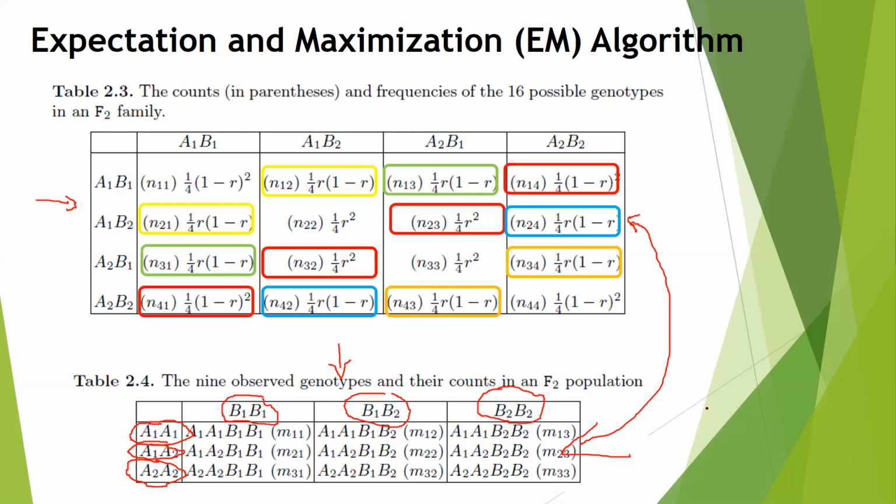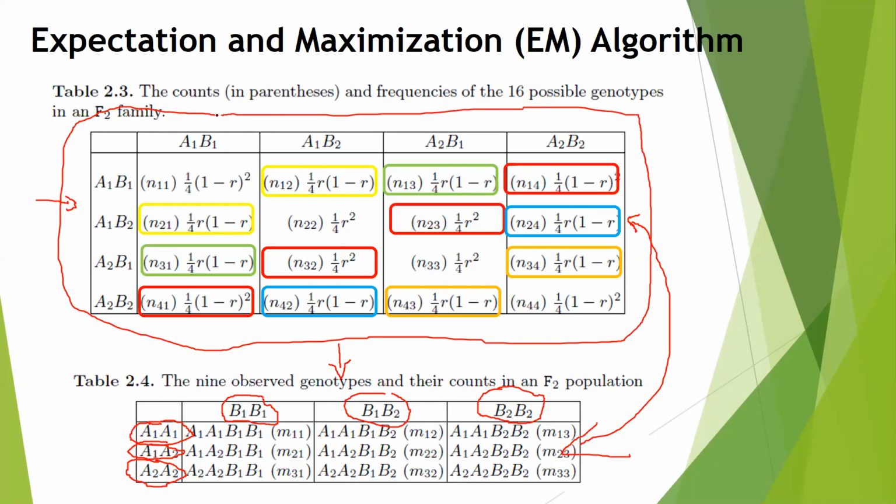This is actually the same data. We're talking about the same data from an F2 design. If you do an F2 design experiment, you're going to generate a lot of progeny, let's say 1,000 progeny, right? If you genotype each individual based on these 2 loci, and suppose you can get the haplotype information, then you can generate a table like this.